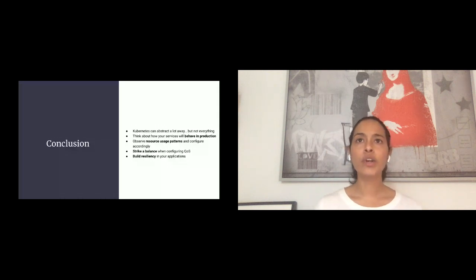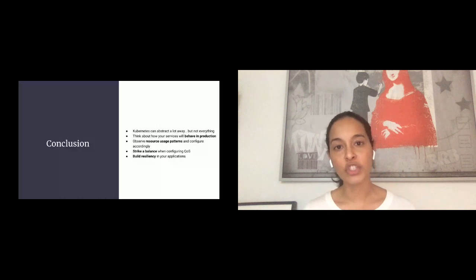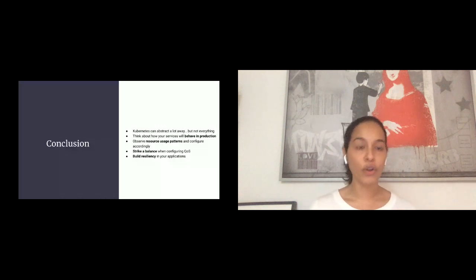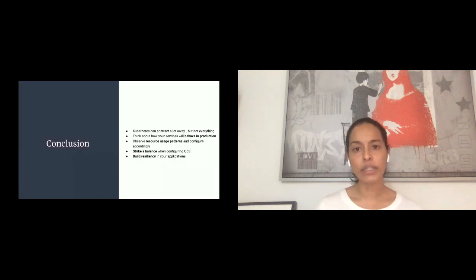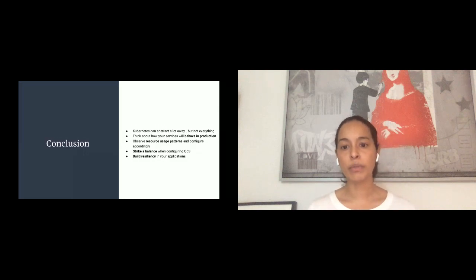And it's not just about watching the pattern once you roll out the service, but throughout the lifetime of the service, because they change as it does more or less. And then finally, striking a balance when configuring your QoS. Quality of service is good, but as we spoke about before, it's a question of balance because there is a cost factor as well.